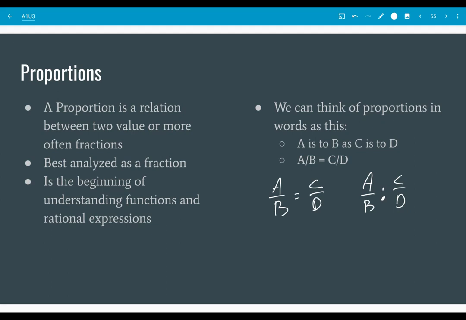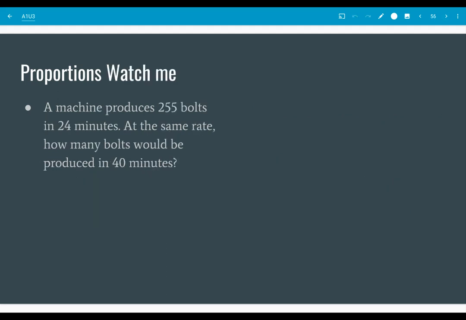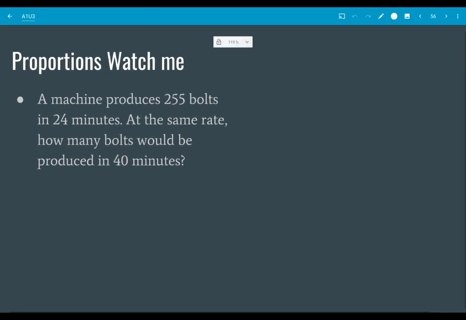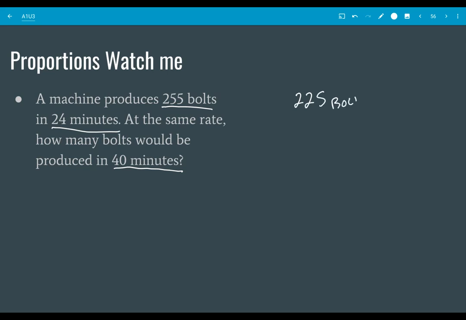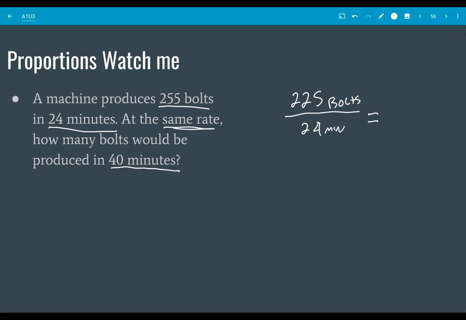So I think it might make more sense once we see it in action. So we have a machine that produces 225 bolts in 24 minutes. So we've got bolts in minutes. At the same rate, how many bolts would be produced in 40 minutes? So what we're saying as a proportion is we have 225 bolts in 24 minutes. So it's at the same rate.